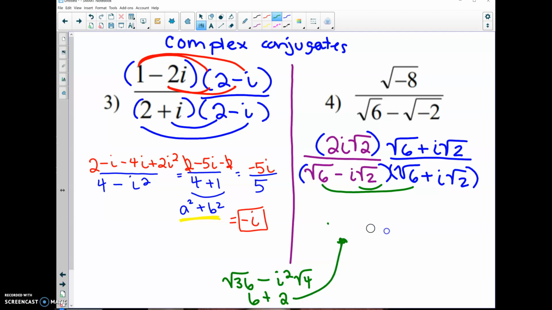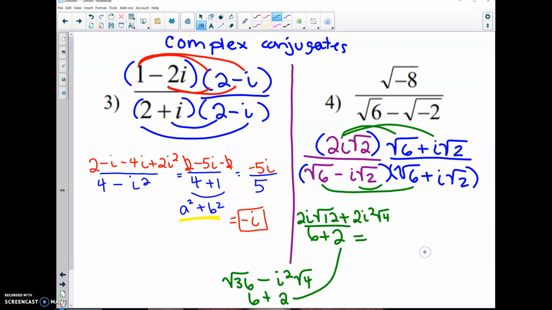Numerator. I'm going to run out of room, so I need to rewrite this a little bit. So the denominator was 6 plus 2, which is 8. Numerator, we're distributing each piece here. So 2i stays on the outside, square root of 12. 2i root 2 times i root 2 is 2i squared root 4.